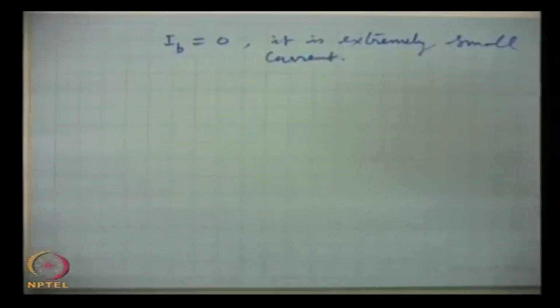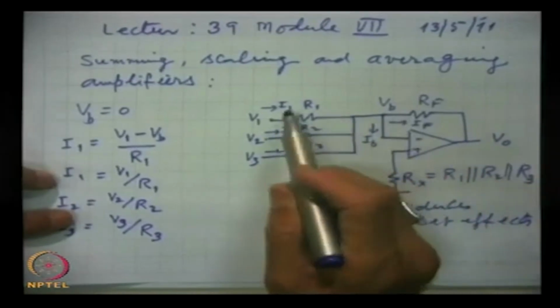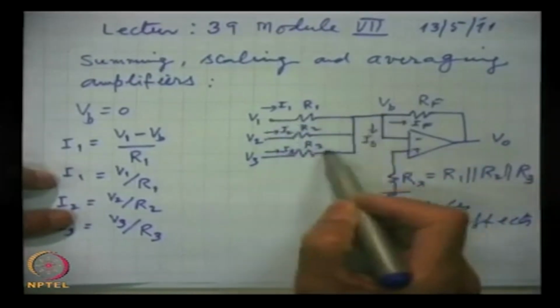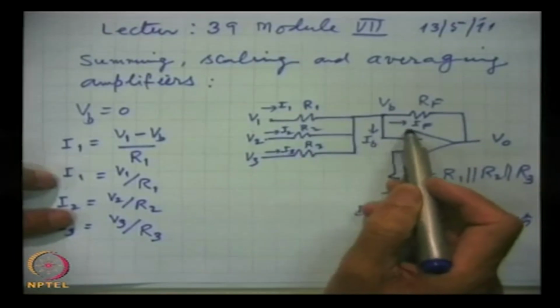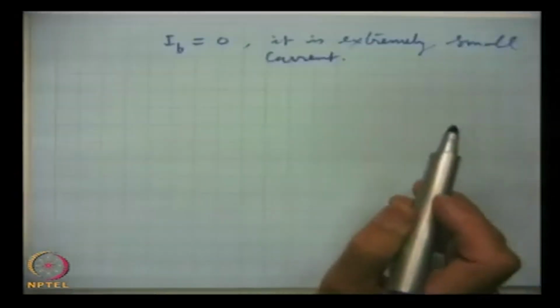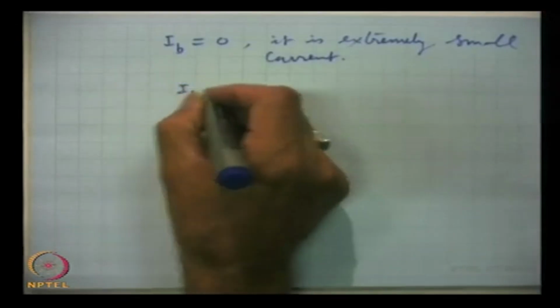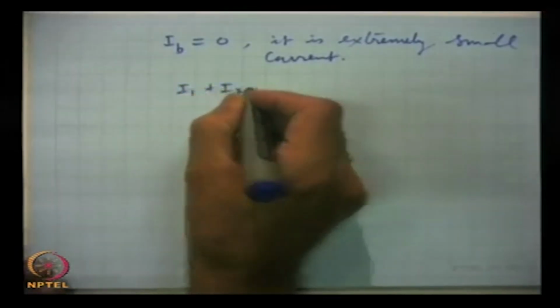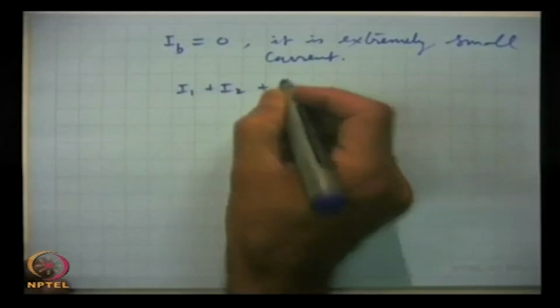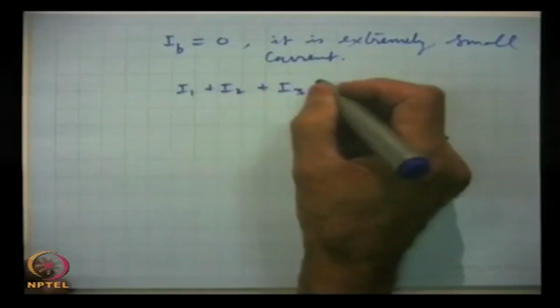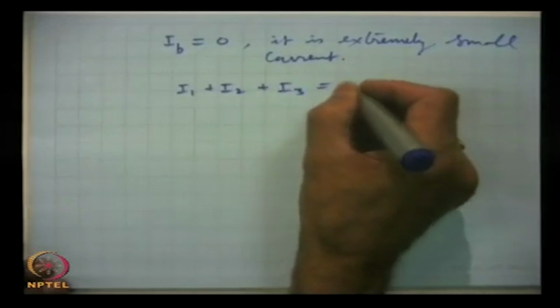If we neglect this current, IB equal to 0, then obviously the summation of these currents is equal to IF. Therefore, I1 plus I2 plus I3 is equal to IF.